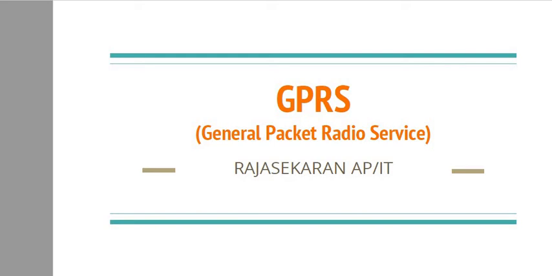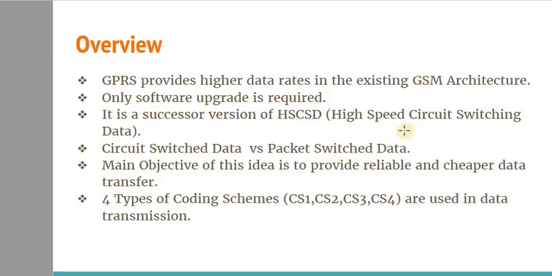GPRS needs a certain software upgrade, as it was introduced after the launch of GSM, and it is a successor version of HSCSD, high speed circuit switched data. We have to use 4 coding schemes here, that is CS1, CS2, CS3 and CS4.